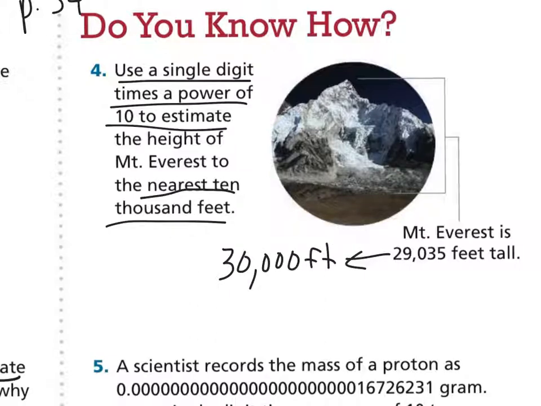And then putting it in scientific notation, we want just one number that's not 0 and then the decimal point. So the decimal would have to go right after the 3. So we could say that's the same as 3 times 10 to the 4th power. The decimal moved 4 spots, so we would have to multiply by 10 4 times, which would move our decimal 4 spots to the right.